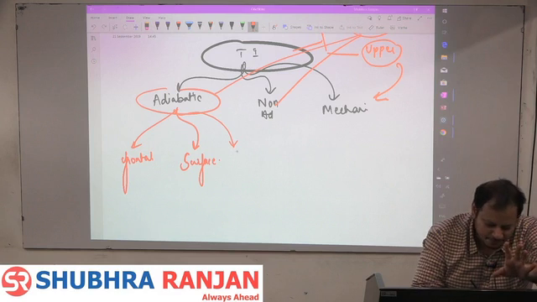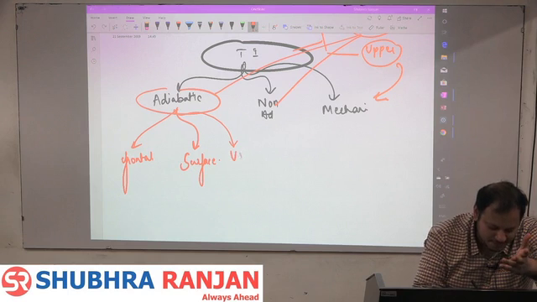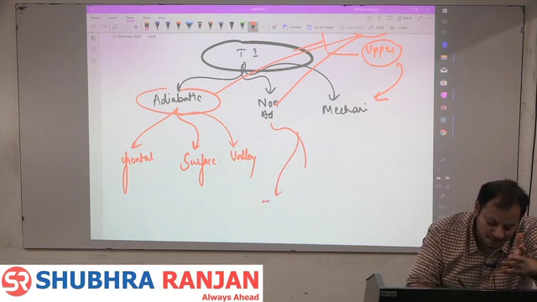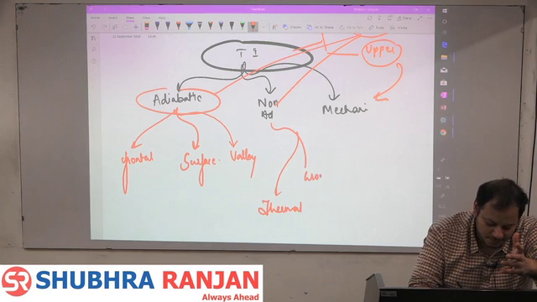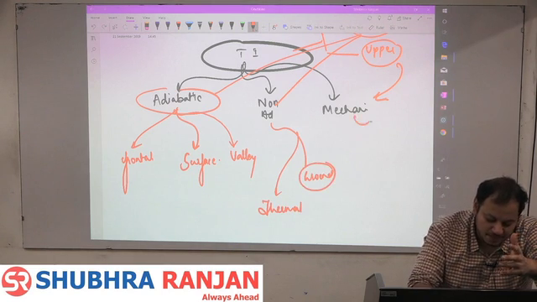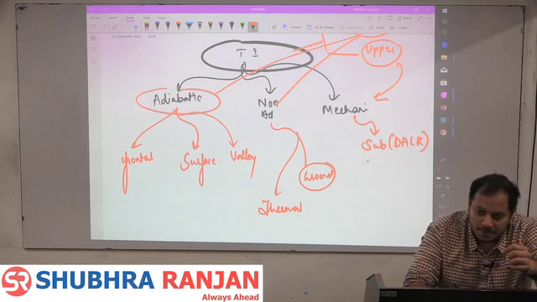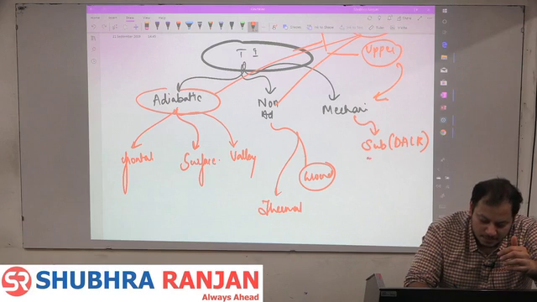Then we have the third kind of inversion, that is the valley inversion. Non-advectional is thermal and ground inversion, and mechanical is either due to subsidence of air at dry adiabatic lapse rate or the convective uplift of an air.